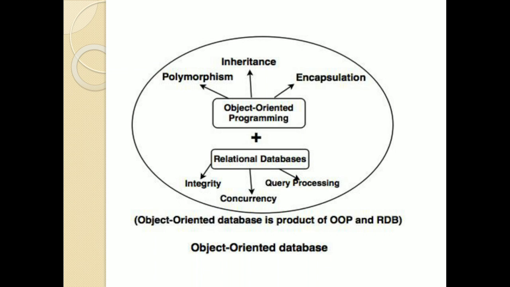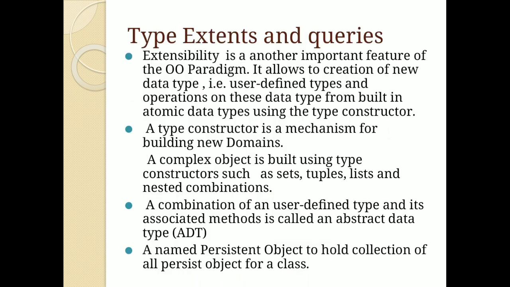Object-oriented programming with its special features, polymorphism, inheritance, encapsulation, included with the relational database management system with integrity, concurrency, and query processing, and it is converted into object-oriented database. This is the simple way to define object-oriented database. Now, what is type extents?